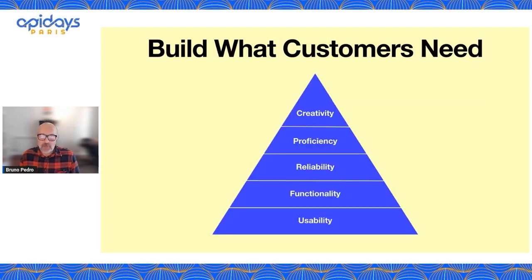On the other hand, you can also think about successful API products that are products that offer what customers need. So this is what I call the API hierarchy of needs. And it starts at the bottom with usability, showing that is the API easy to use.